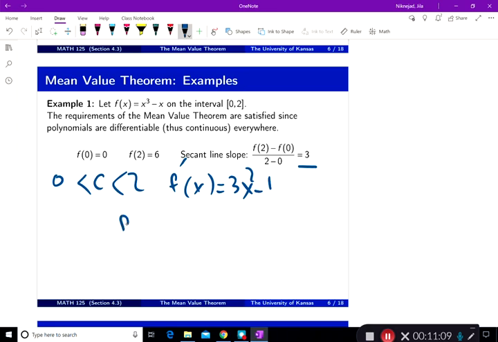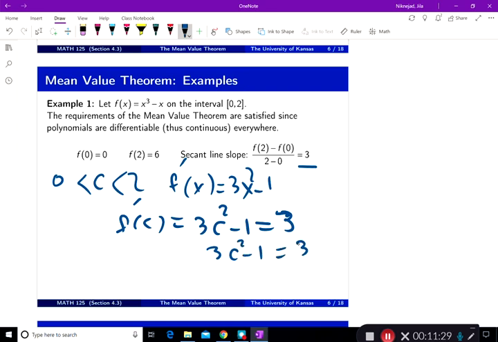That is, f prime at c, which is 3c squared minus 1, should be equal to 3. So the mean value theorem tells me that, but then I can solve this question.